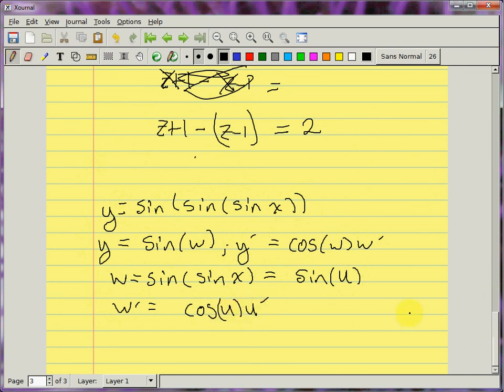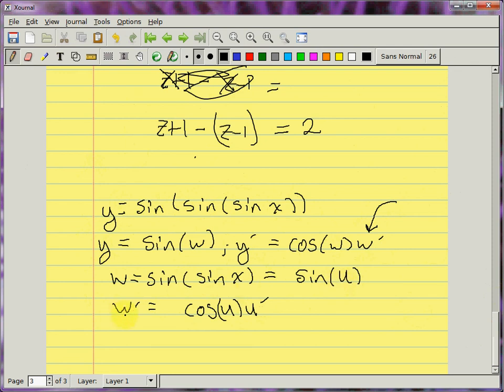Okay, so let me just slow down here because I know that was a little tough. So we got the answer. The answer is cosine w times w prime. Now we're in the stage of finding out what we just did. We had said that w is this. We owe the universal y prime. So now we're working to deliver it. So we write w as what it is, but w itself is a composition of functions.